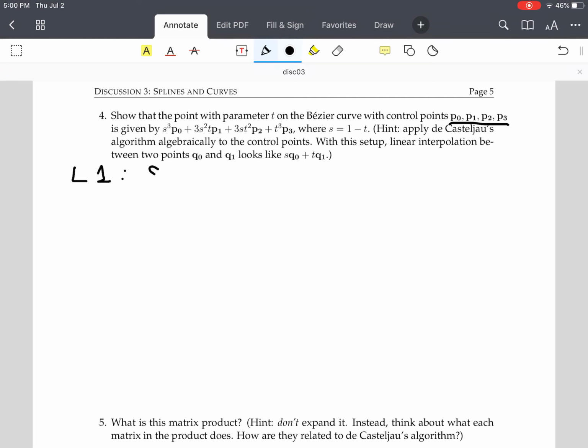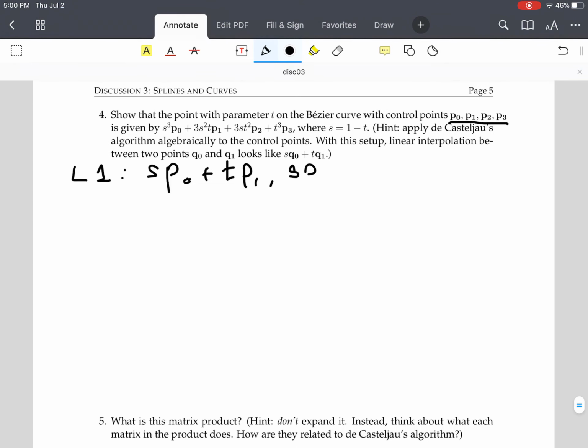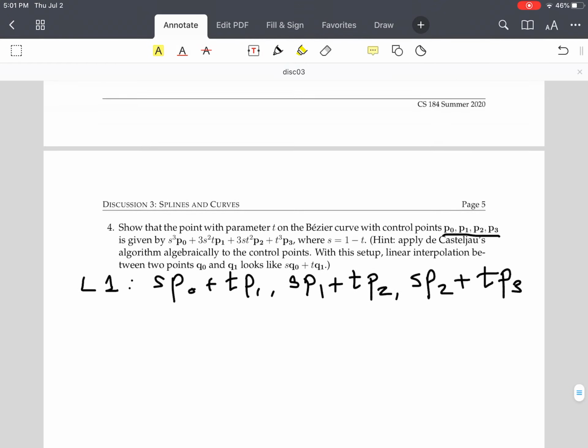So s times p0 plus t times p1, right? That's one linear interpolation. Then s times p1 plus t times p2, and then s times p2 plus t times p3. Okay, so that's our first level of interpolation.